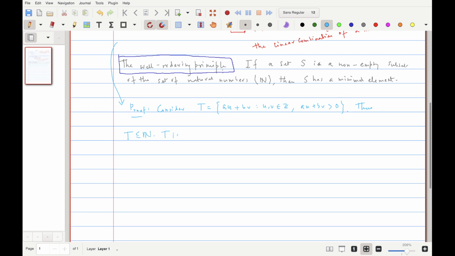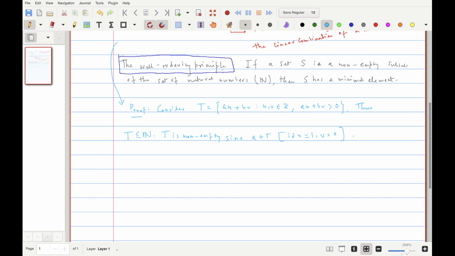T is non-empty, since A belongs to T, or you can argue that B belongs to T, if U equals 1 and V equals 0.